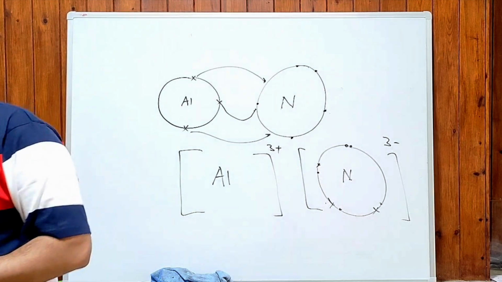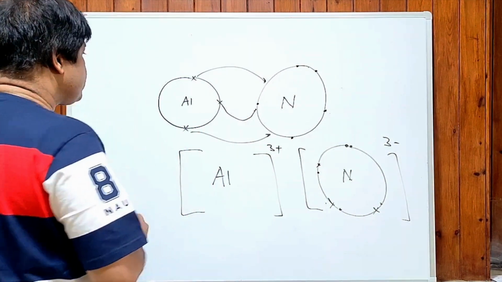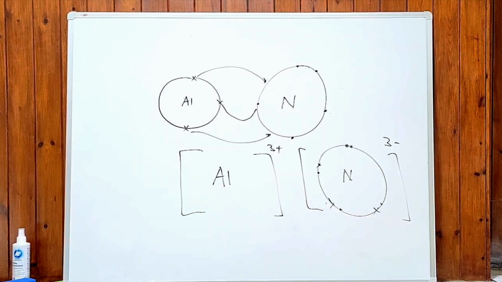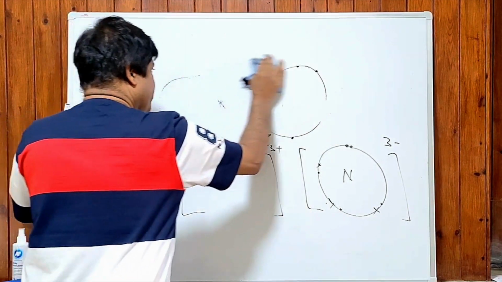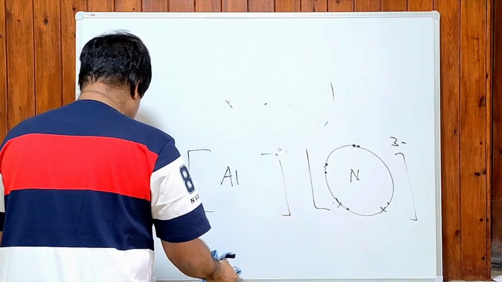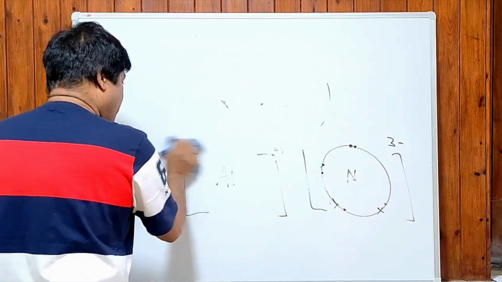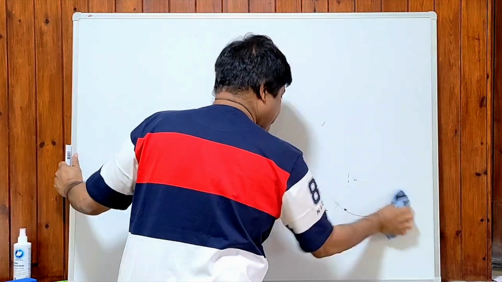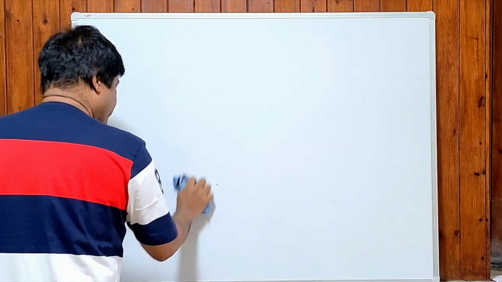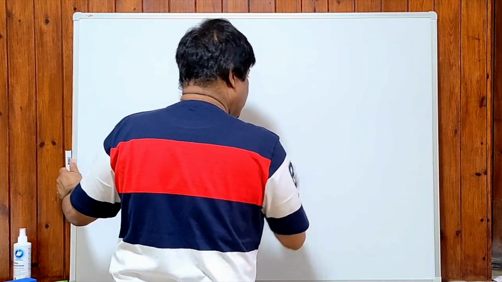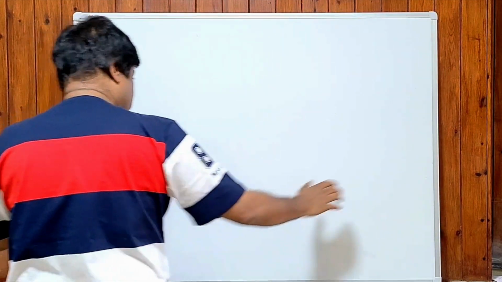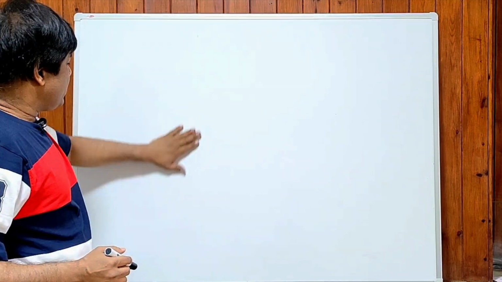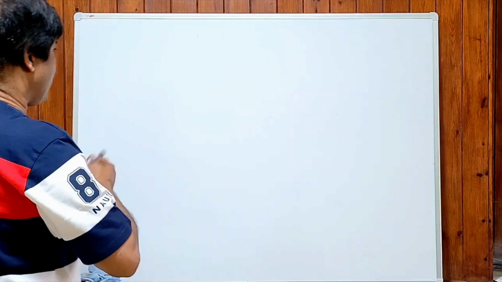Now the properties of ionic compounds. They are all solid.